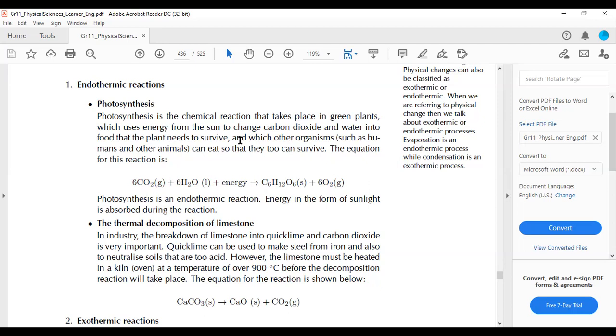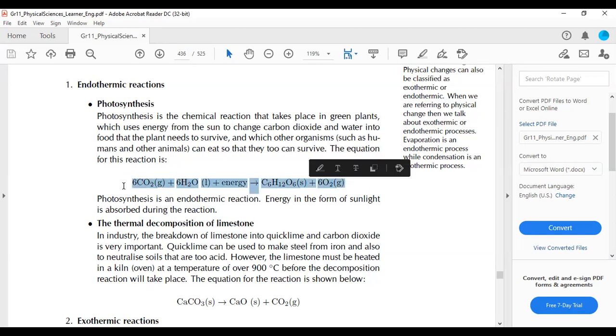They can just build all these plant houses, and they know how to generate the heat that a normal plant would get from the sun. That's how our plants survive, and other organisms can eat them and also survive using it. So this is an example of an endothermic reaction.